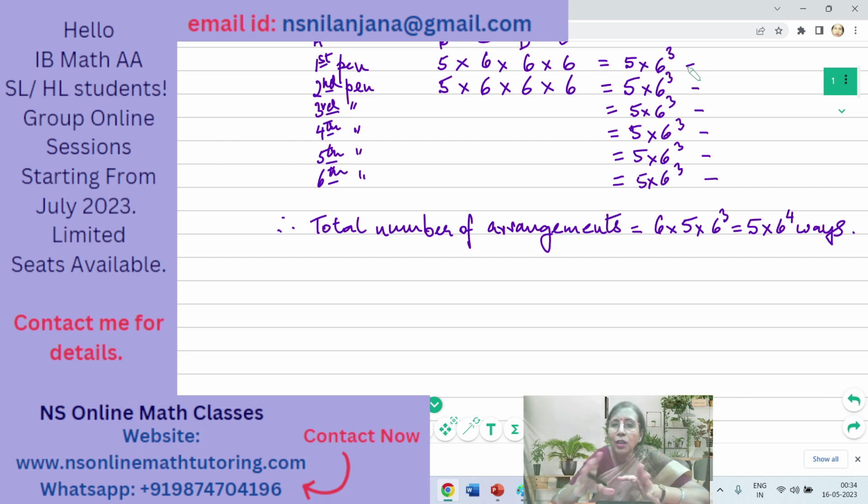After completing all the questions and checking your answers, if you still have some more time remaining, then you come to this part and get the actual product. Else, if you keep it this way, 5 times 6 to the power of 4 ways, I think you will not be losing any mark, because this is a paper 1 question and you have shown how you have come to this answer. So this is the final answer for subpart A.